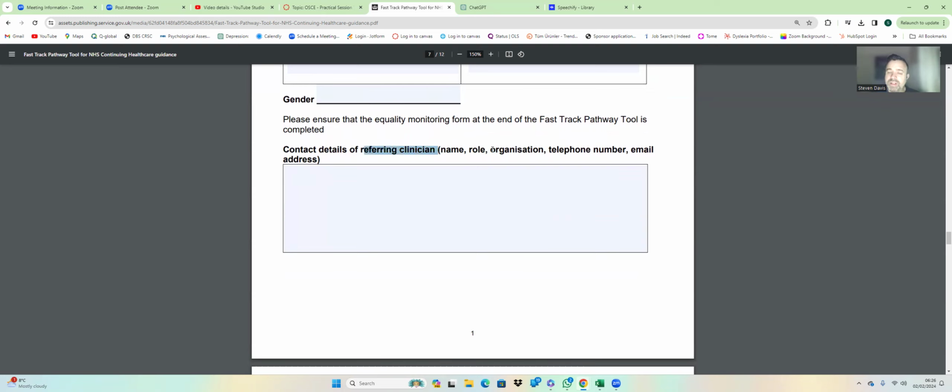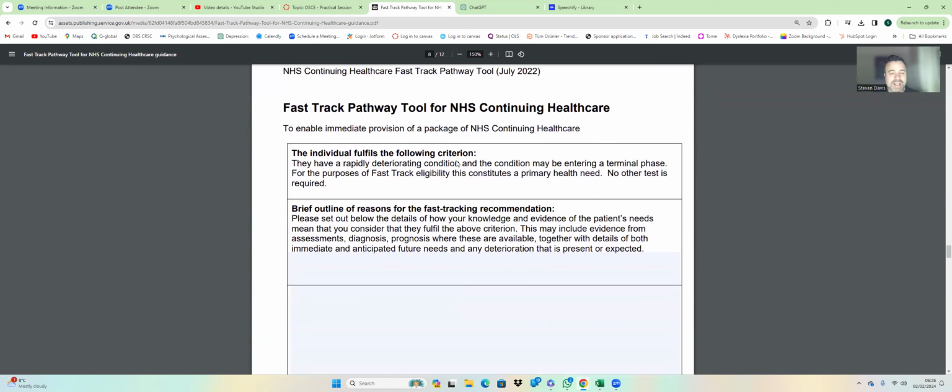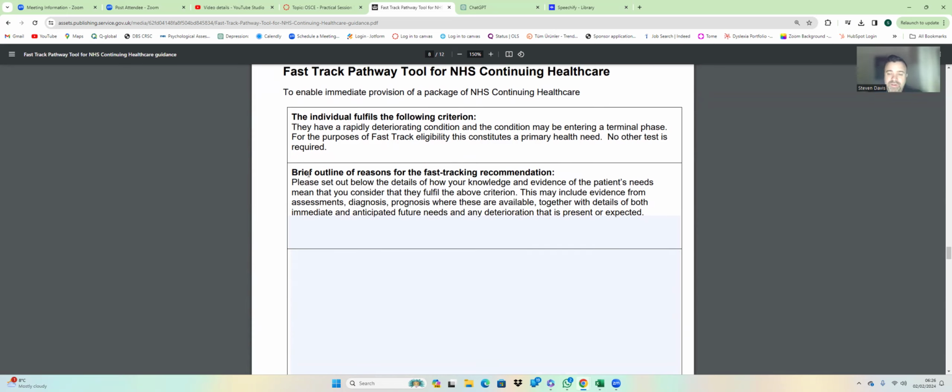So at this point, it does say who is the registered person making that decision. Fast track pathway tool for NHS continuing healthcare. So here, it is what it says on the tin. You just follow the form and fill it in. So here, to enable individuals the package of NHS continuing healthcare, the individual fulfills the following criteria.